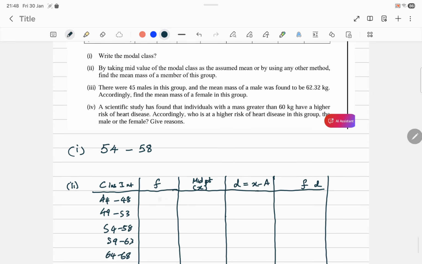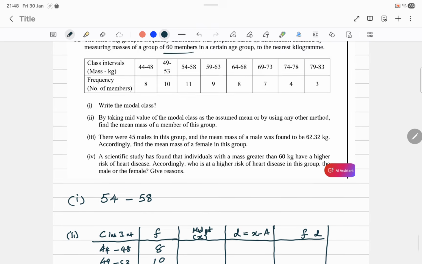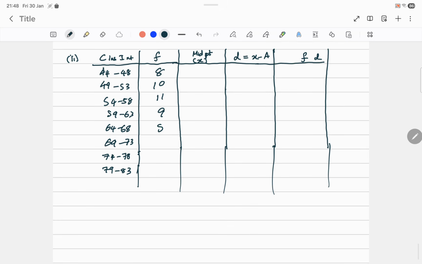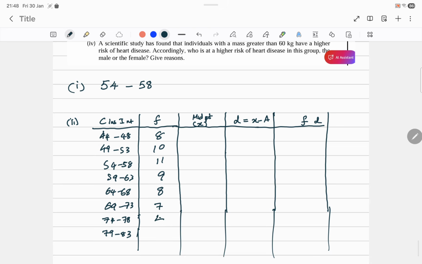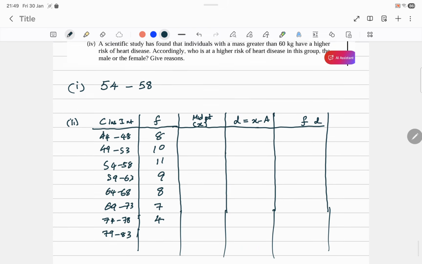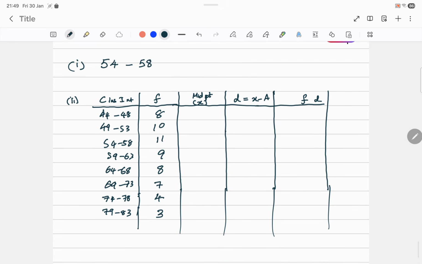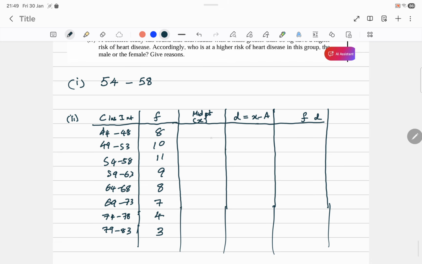Then the frequencies are 8, 10, 11, 9, 8, 7, 4, 3. Right, let's write the midpoints. 44 to 48, add them, divide by 2, so 46.